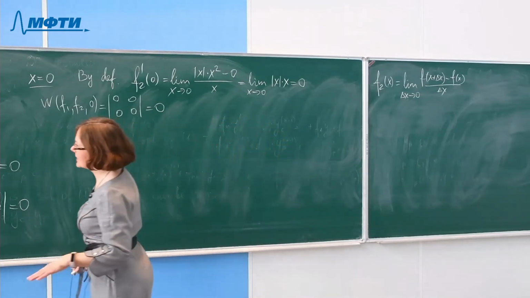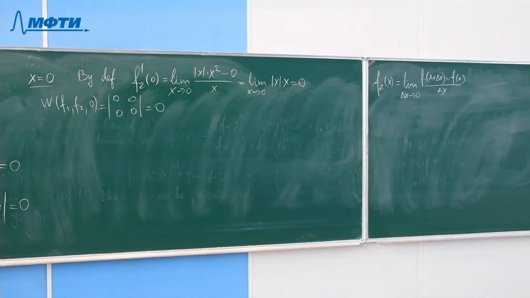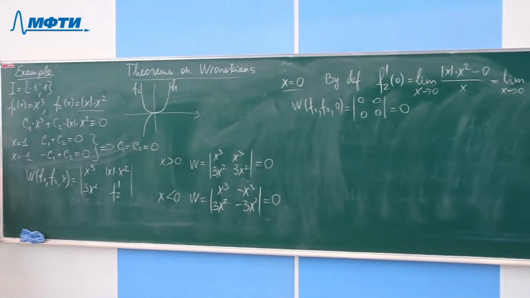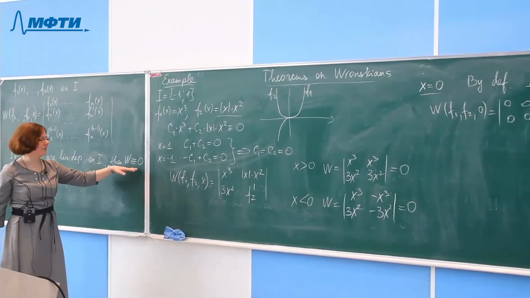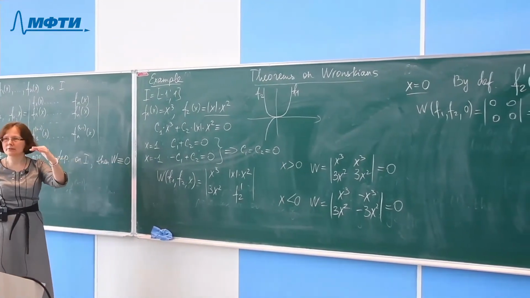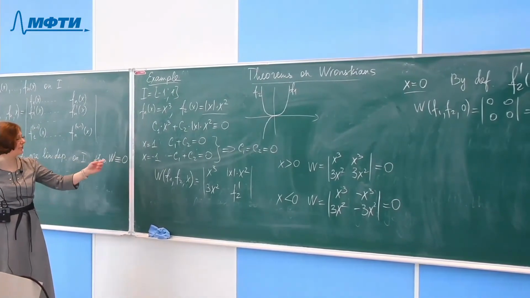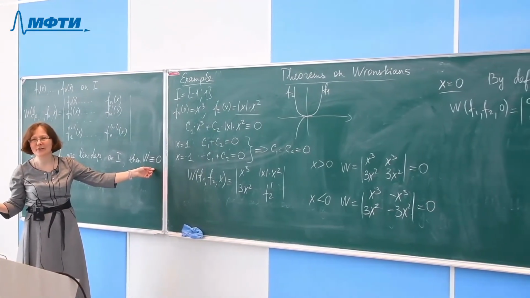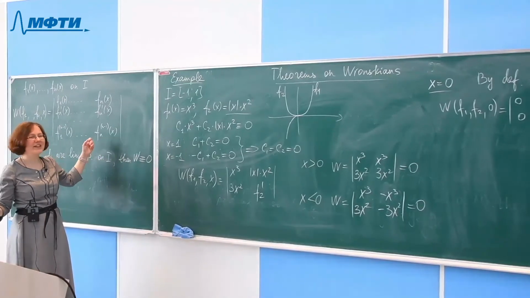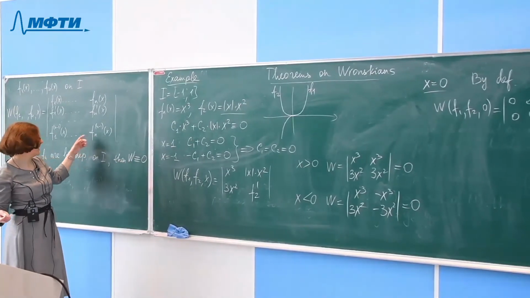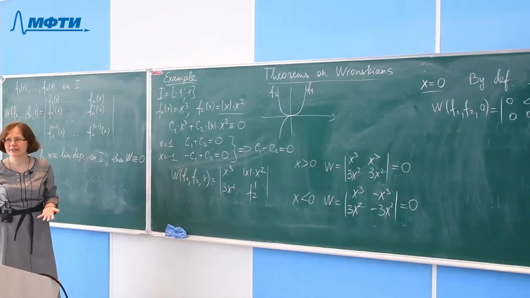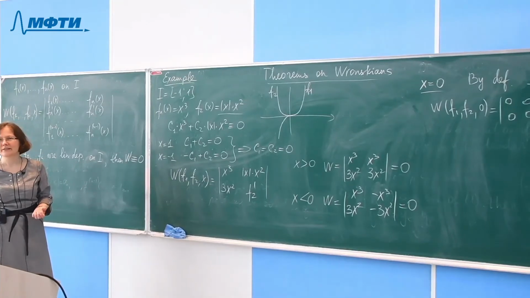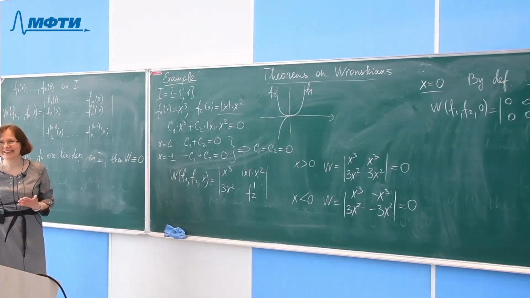So this explains that the converse is not true. If, given the functions, we find the Wronskian and it is identically 0, then this doesn't imply that the functions are linearly dependent. Okay, is it clear?